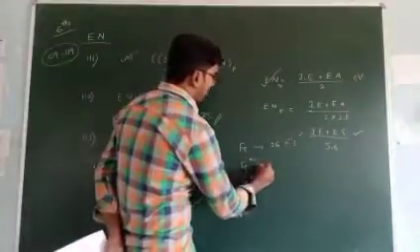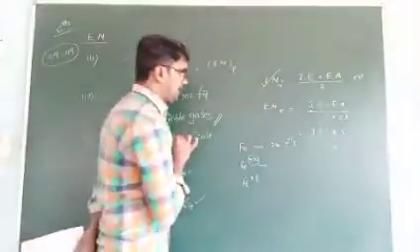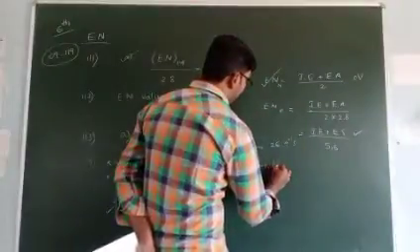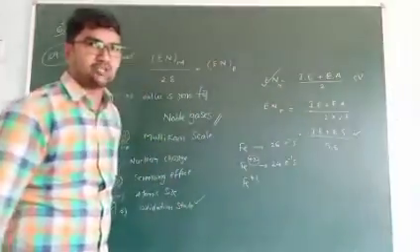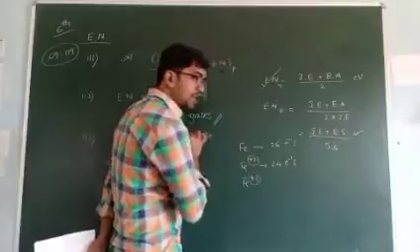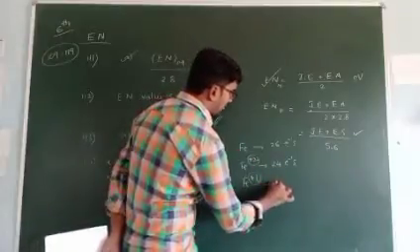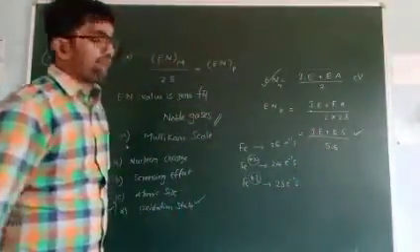Fe plus 2: plus 2 means loss of 2 electrons, so 24 electrons are present in the Fe plus 2 ion. But Fe plus 3 means loss of 3 electrons, so total 23 electrons are present in the Fe plus 3 ion.